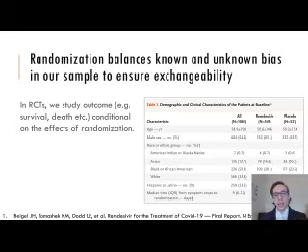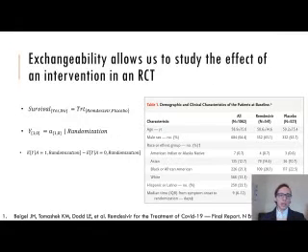So you see that the age, the distribution of sex, the race, the median time from symptom onset, and so forth is essentially the same between those that received remdesivir and those that received placebo. And that is absolutely an important concept. And that is the beauty and the power and the strength of randomized clinical trials.